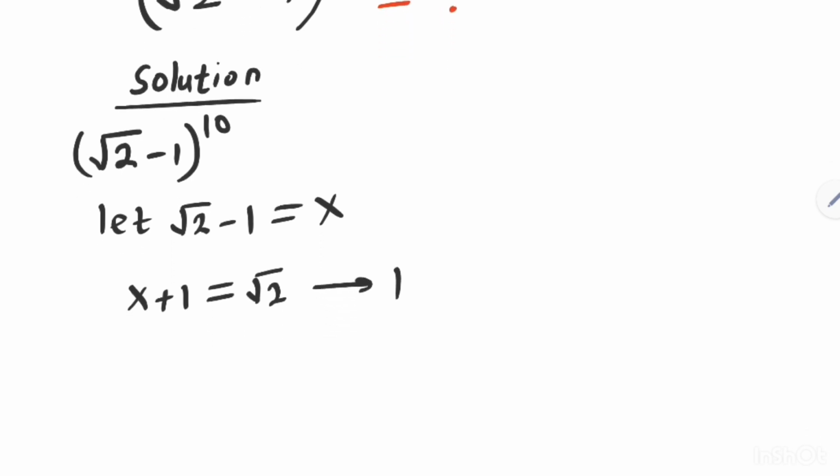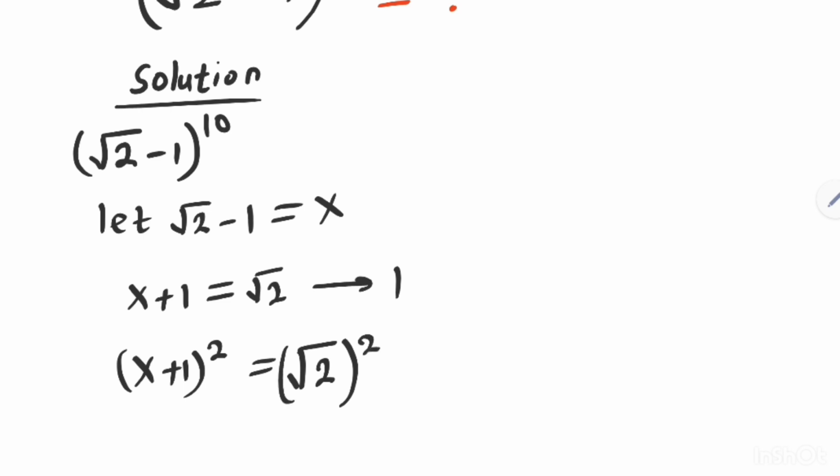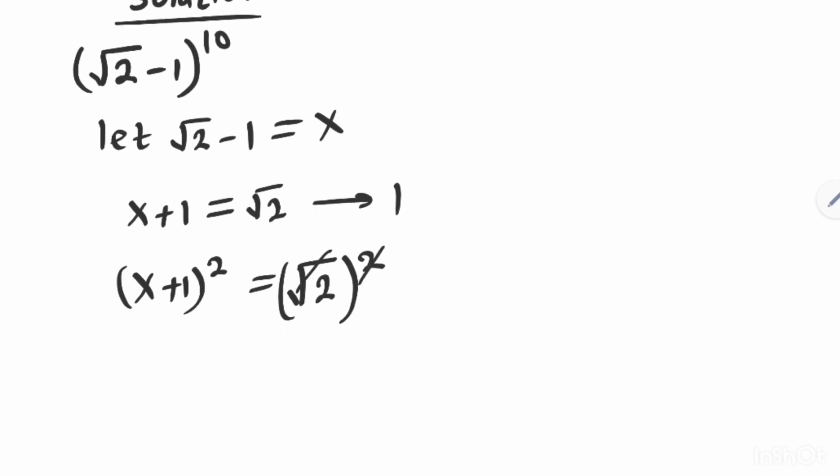Also, let's square both sides of this equation. We have x plus 1 all squared is equal to square root of 2 all squared. This cancels this. x plus 1 all squared is equal to 2.